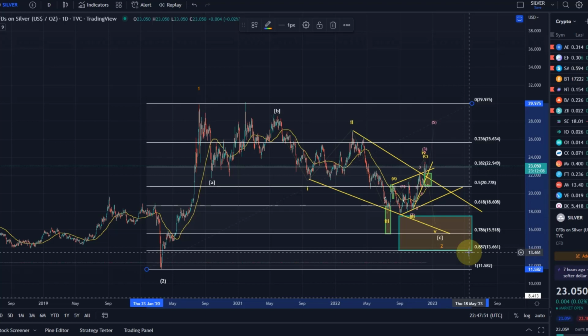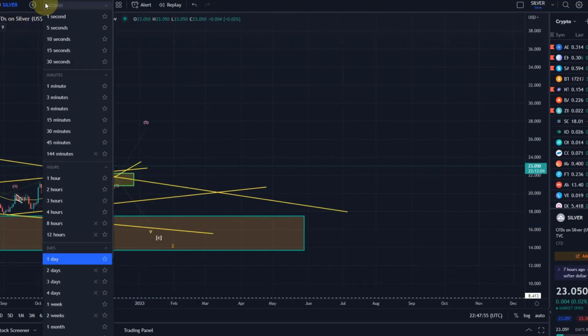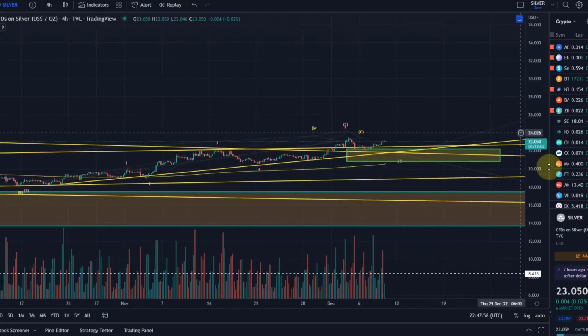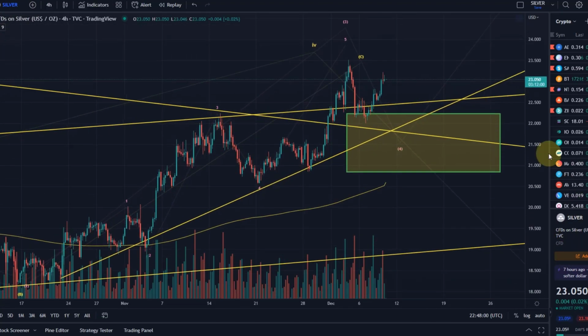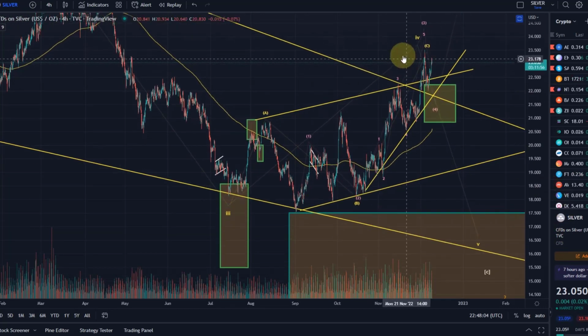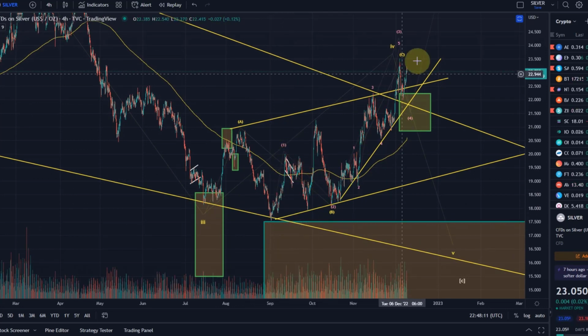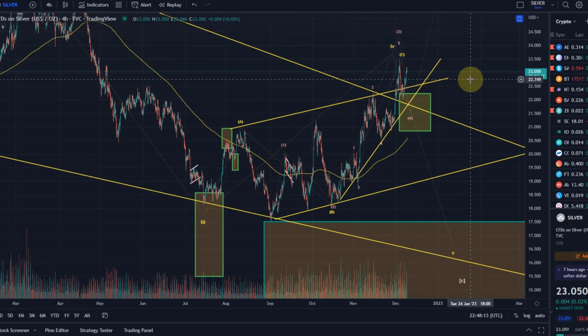So let's actually go into the detail now. We zoom in, we go to the 4-hour chart, and then we take a look at the two possible scenarios. So as I said, in the first scenario, we did bottom already, and we're now moving up here in a 5-wave structure. The pink count is the bullish count.